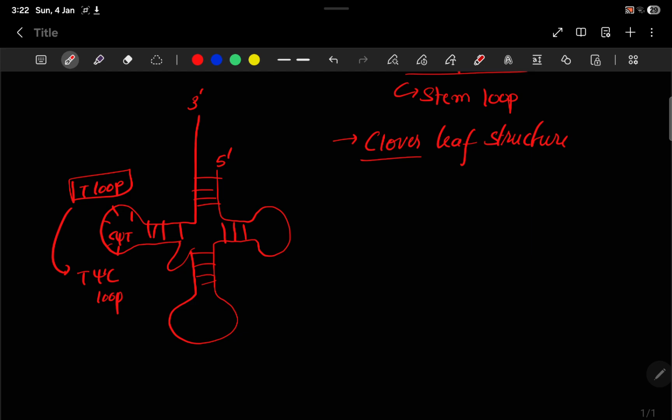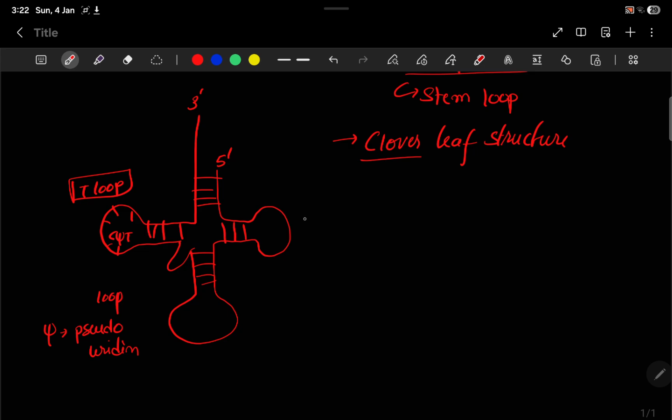Because it contains what we call an unusual nucleotide, an unusual base, called pseudouridine. Pseudouridine is present between T and C. From 5' to 3', C comes first, then psi, then T. What is the responsibility of this loop? It attaches the tRNA to the ribosome.